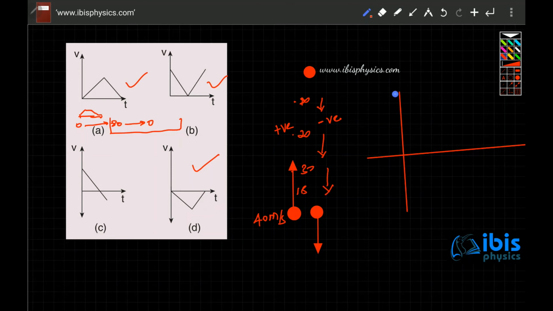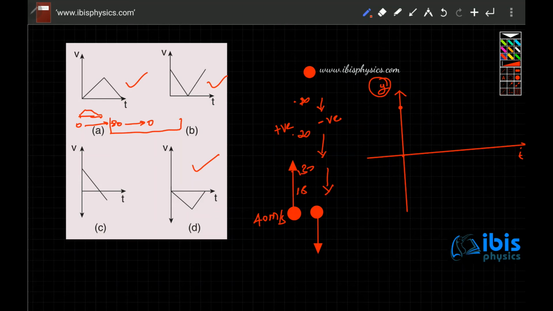So if you take this graph, let's say this is the y-axis and this is the time axis. Initially velocity is upward 40 when it begins. So at time t equal to 0, when you throw this ball, the velocity is 40 meter per second upward. That's why I'm referring to the positive y-axis.